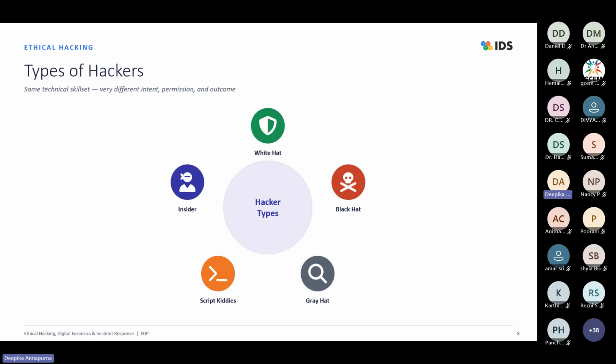The final one is the insider. Sometimes the insider threat comes from inside the organization itself. The insider can be doing it intentionally, for gaining money or whatever may be the reason. He will have authorized access to the applications he wants to target.